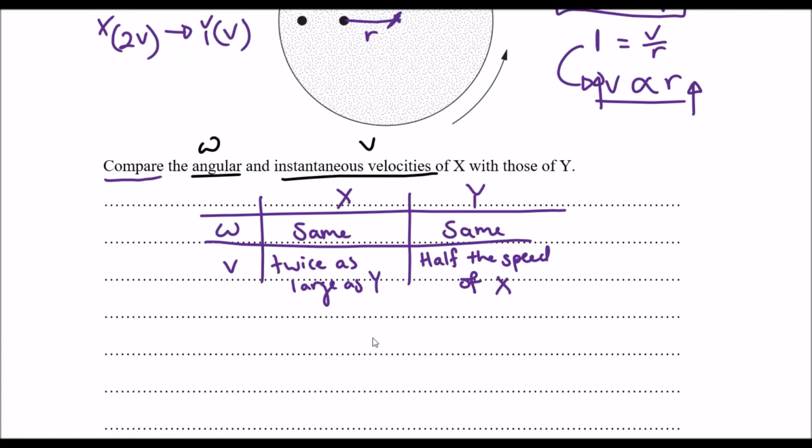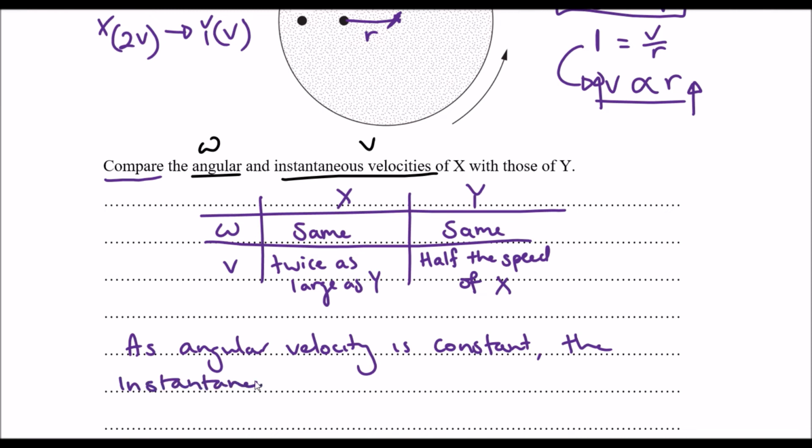So I could say as angular velocity is constant, the instantaneous velocity is directly proportional to the radius.